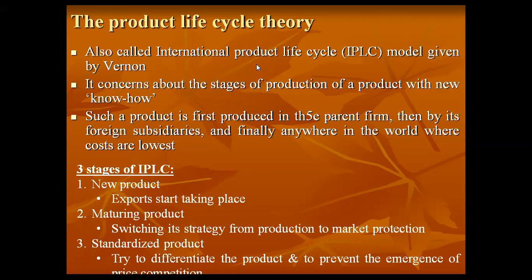The customers in developing economies can afford those low cost products. So at this stage, technology becomes standard. Therefore, the producers start locating their plants in developing economies in order to take advantage of lower labor costs.